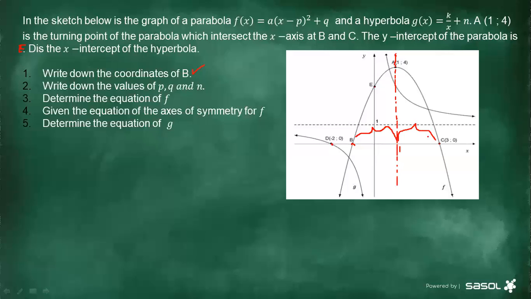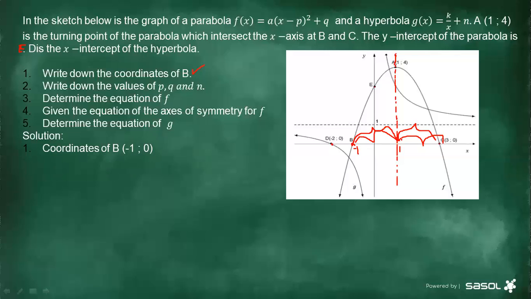If we have moved from 1 to 3, how many units? It's 1, 2, right? And then from there it is 1, 2, meaning this is going to be -1. If that is the case, yes, the coordinate of B is -1 to 0, right?